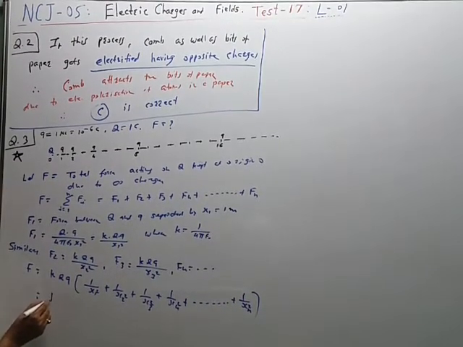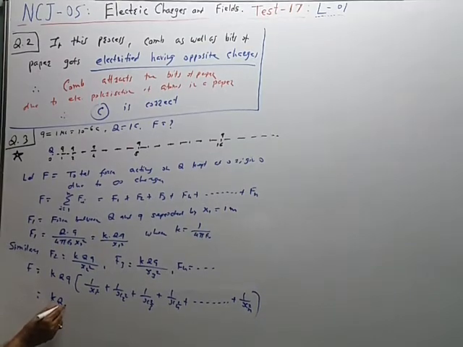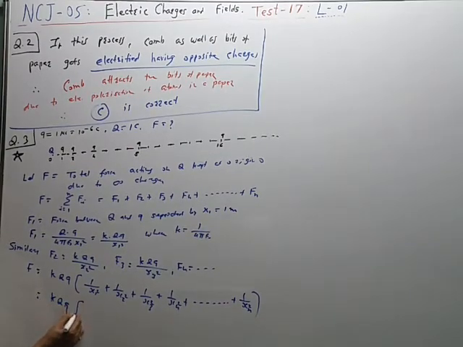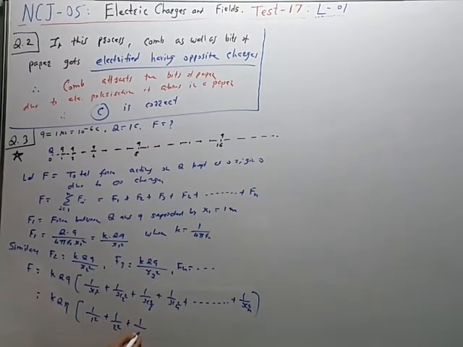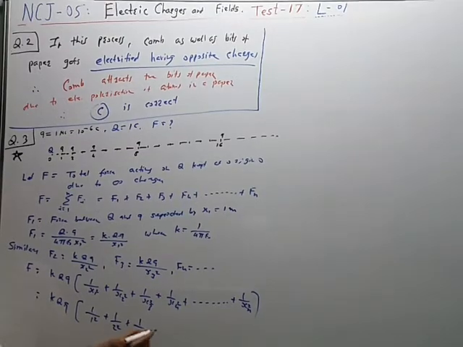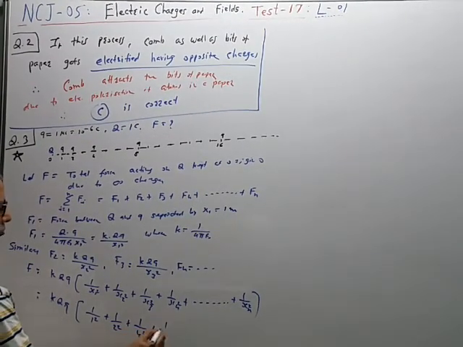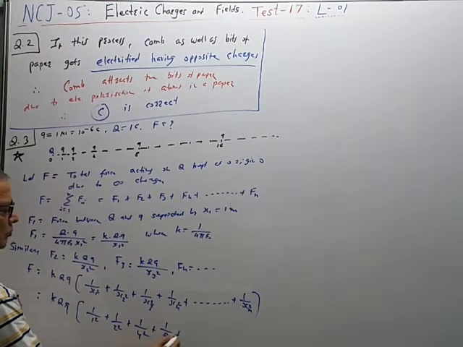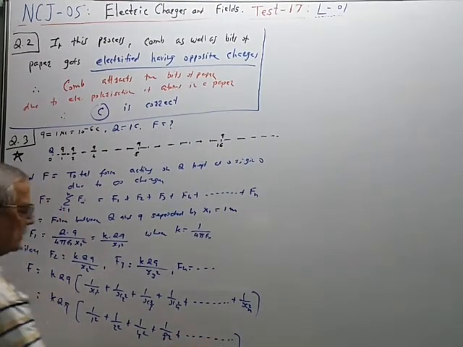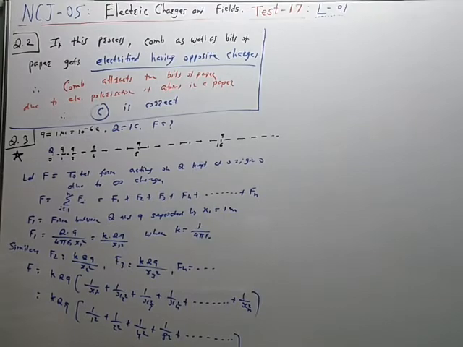Like this. So k Q q into bracket 1 upon 1 square plus 1 upon 2 square plus 1 upon 4 square plus 1 upon 8 square plus etcetera. This is all mathematics. So this is the basic equation.